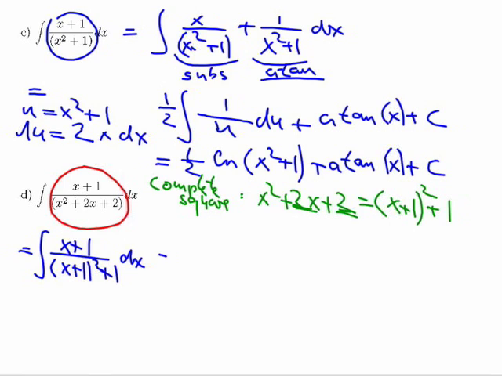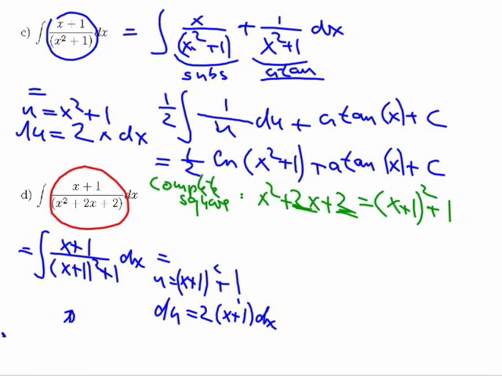So let's say u is equal to x plus 1 squared plus 1. Then we know that du is equal to 2 times x plus 1 dx. This makes the substitution rather easy.